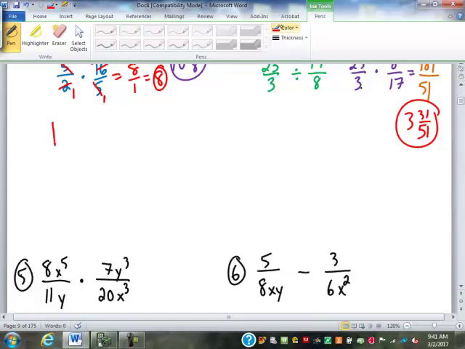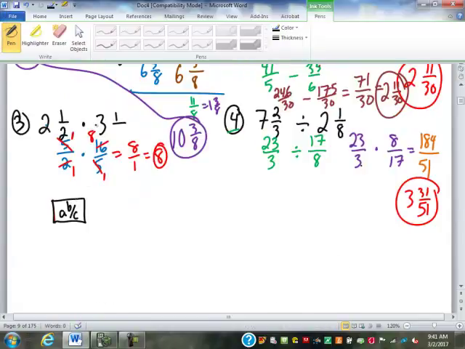I had mentioned to you, most of you, if you have the Texas Instruments calculator, have an ABC key on there. So you could have entered, for example, 2 1/2 times 3 1/5. That ABC key allows you to enter mixed numbers as well as fractions.